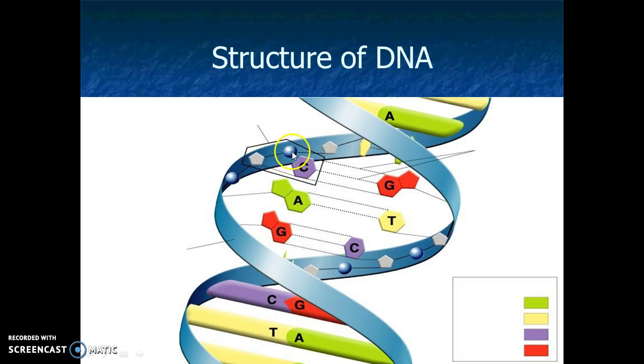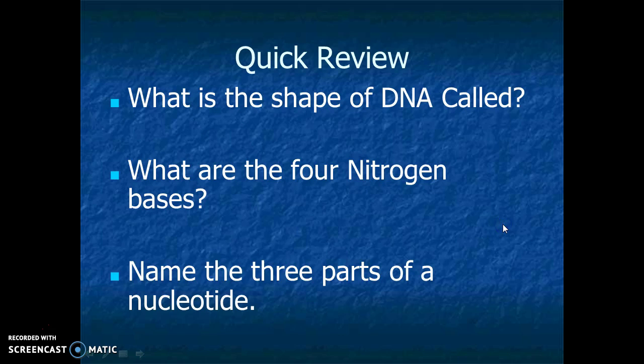It's got a sugar, a phosphate, and a nitrogen base. What is this little tiny part called? If you said nucleotide, you are right. And what do these dotted lines represent that are bonding these together? If you said hydrogen bonds, you're right. I don't mean to be sassy, but you do need to know those questions, okay?